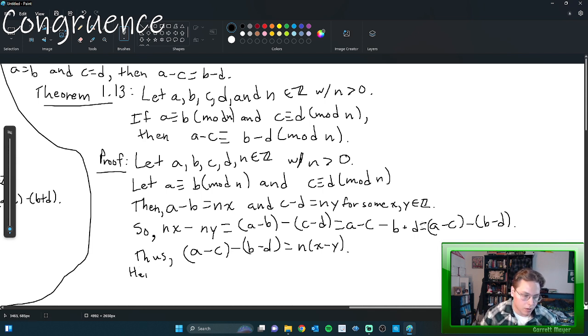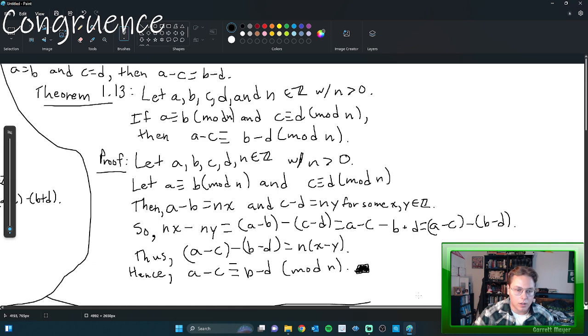Hence, A minus C is congruent to B minus D mod n, which ultimately is what we were trying to prove. So great, okay. We have shown that theorem to be true, so now let's move on to the next theorem.